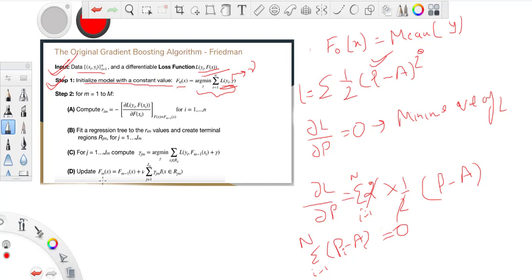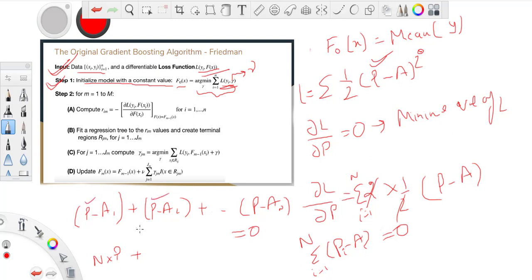Now essentially what we are saying is that p minus actual value of 1, p minus actual value of 2, plus so on up to p minus a n, I have n observations, and I am equating it to 0. So I can write it in a simpler fashion where I take out all these p's, because p is the same across all the observations, and so on equals 0, right?